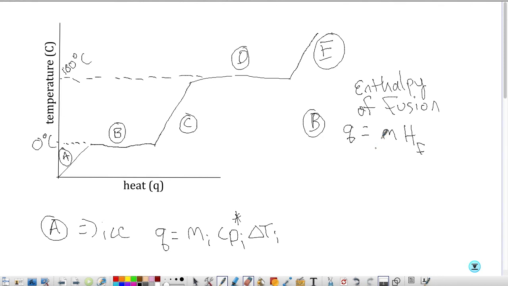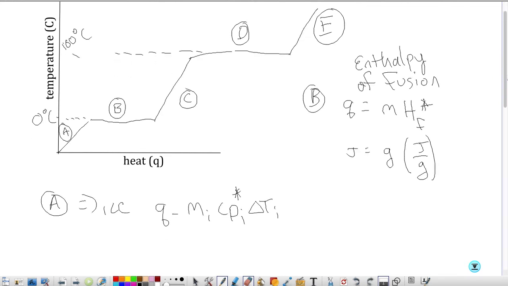Now if I think about this logically, Q needs to be in units of joules. The mass needs to be in units of grams, which means Hf would have to be in units of joules per gram. And Hf is something that you can look up in a table. So that's region B.